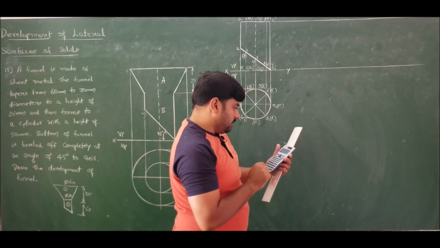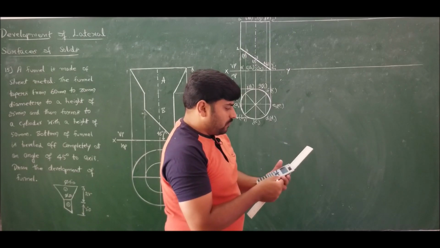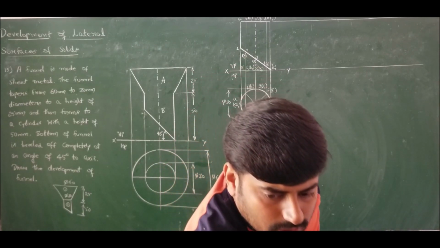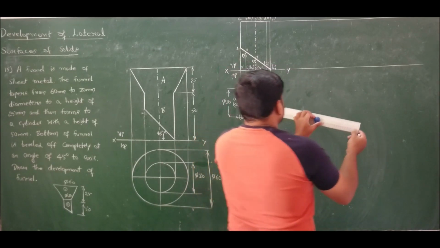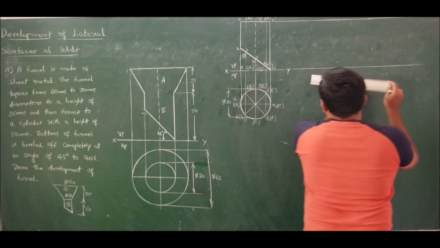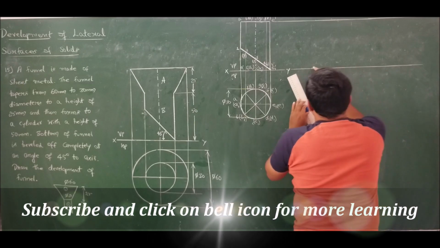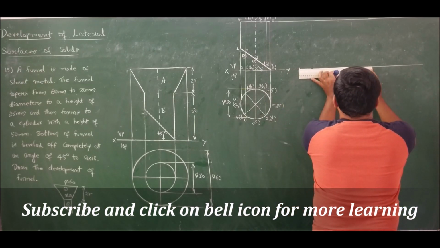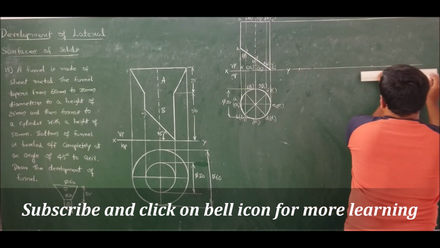Pi into 30 will be 94.25. So from here, let me measure 94.25.